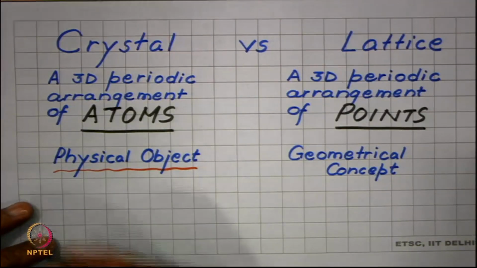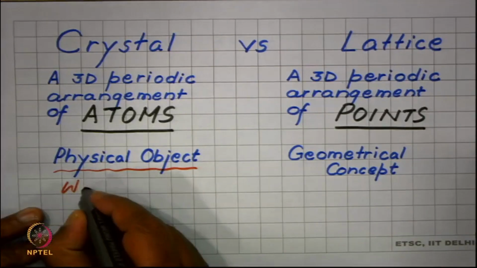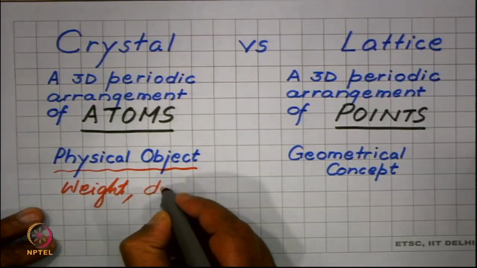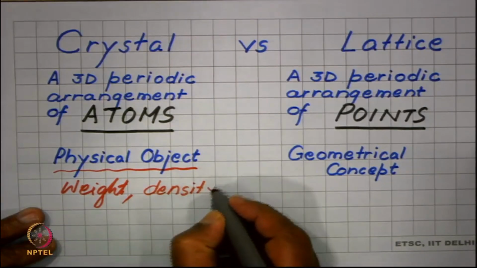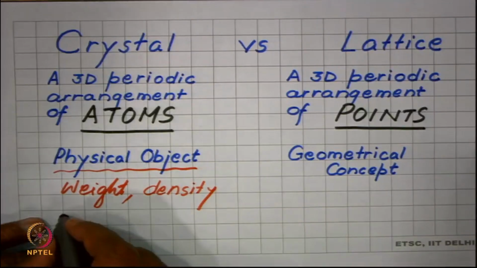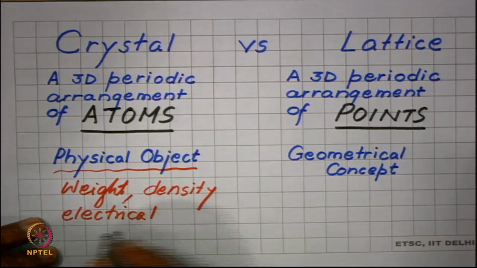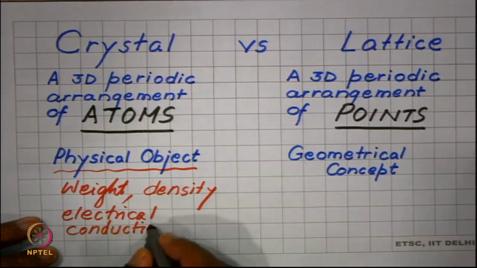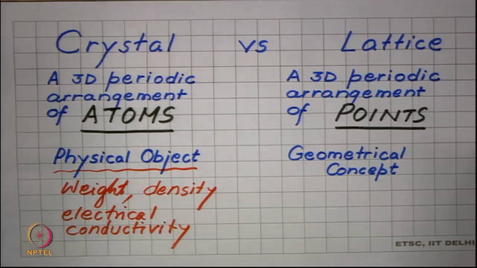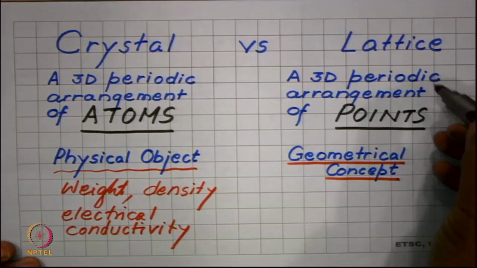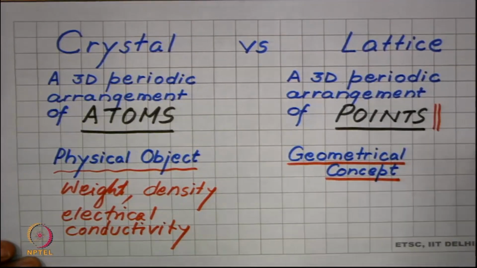It will have physical properties like weight, you can weigh a crystal, it will have density, you can measure its electrical or thermal conductivity, and so on. A lattice, in contrast, is a geometrical concept, because it is just a 3 dimensional periodic arrangement of points.